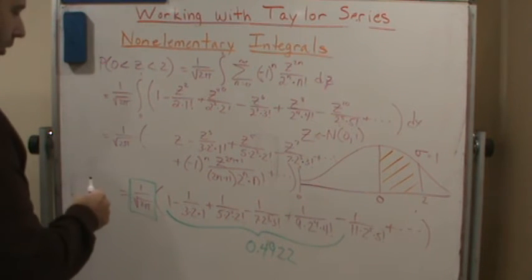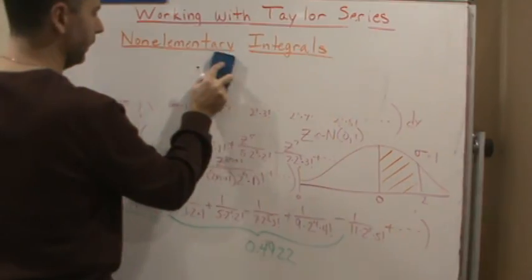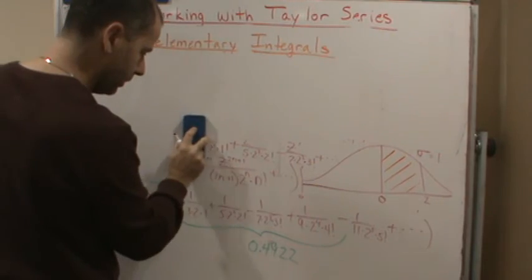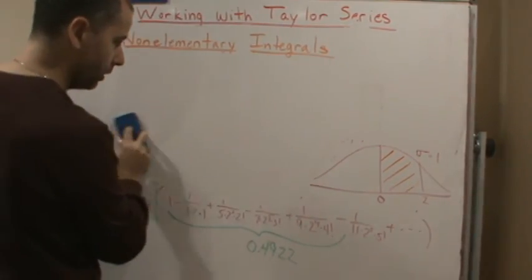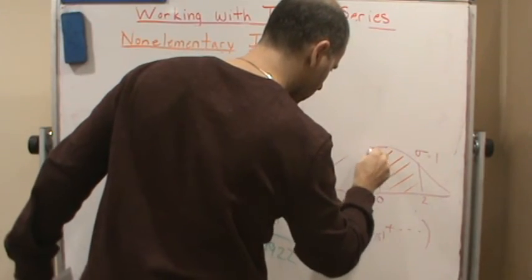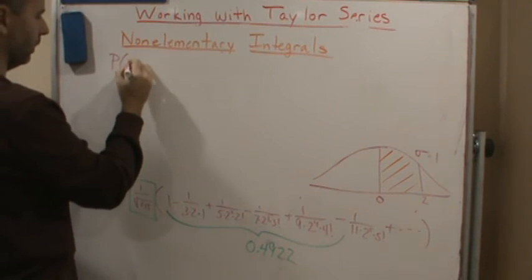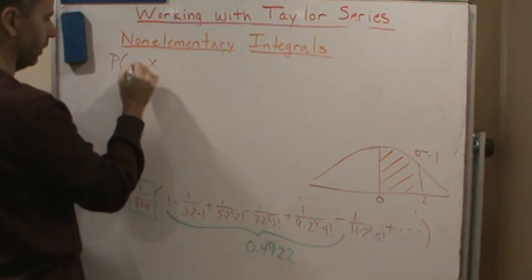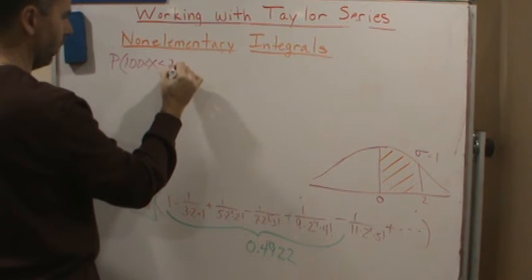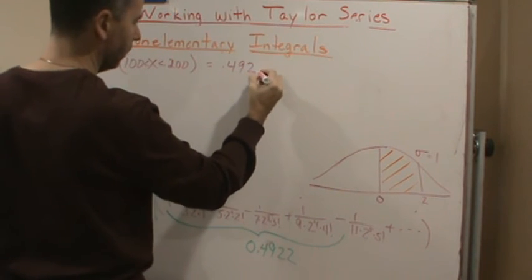So now, let me write it up here. Okay, so we got this. I don't want to erase this yet. And so we found that the probability of a test score being between 100 and 200 is approximately equal to 0.4922.